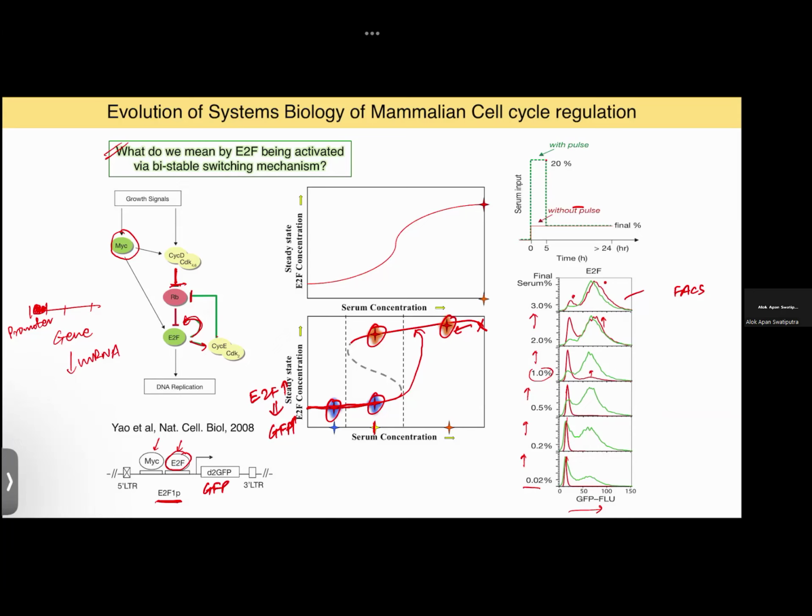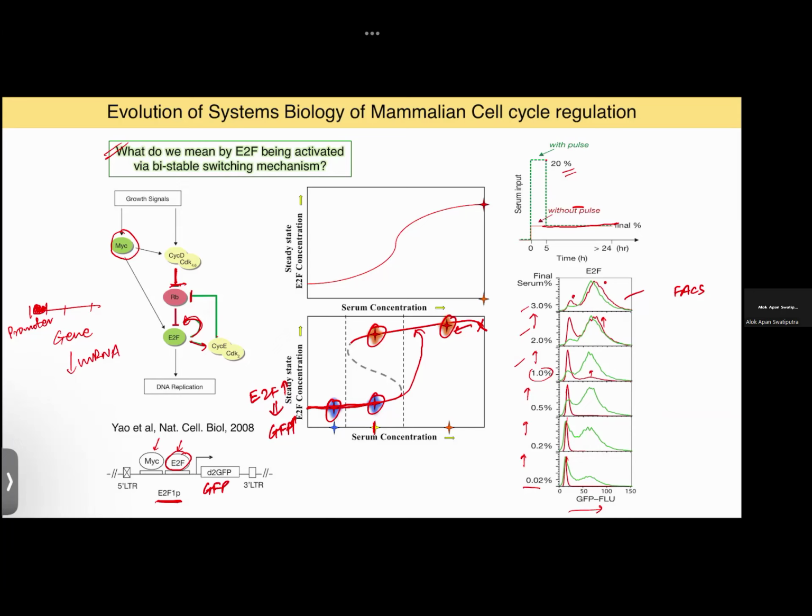After providing the pulse, they remove it and put a sustained serum percentage, such as 3%, 2%, and so on. Now what happens if you go in the reverse direction? Follow the green lines. You provided a 20% pulse, so all cells are now in high. Then you remove the pulse and maintain some serum percent.